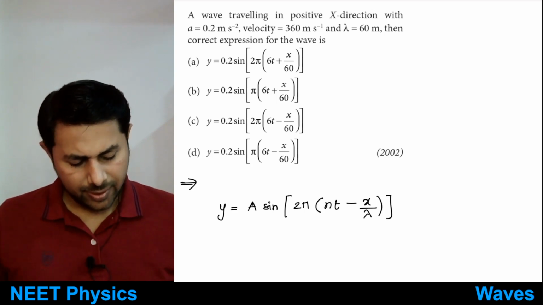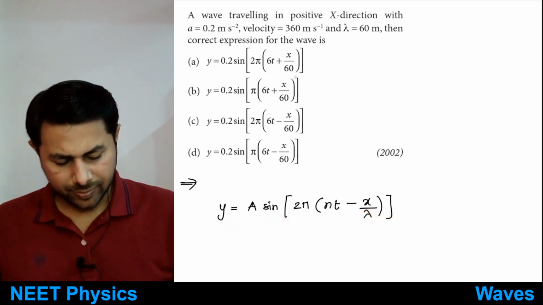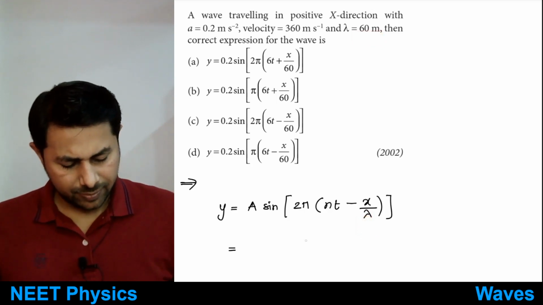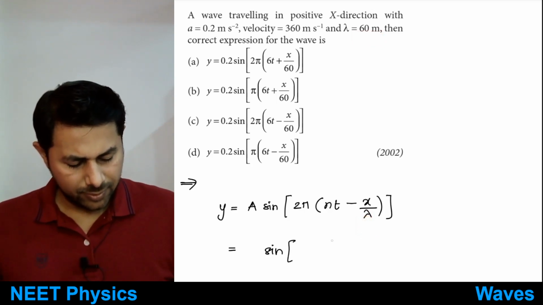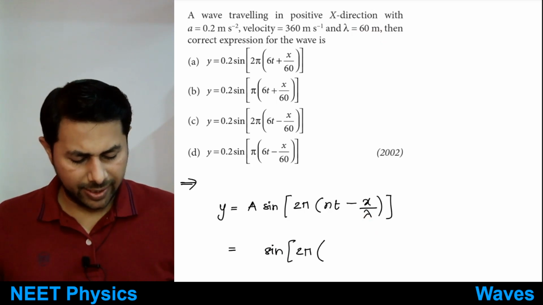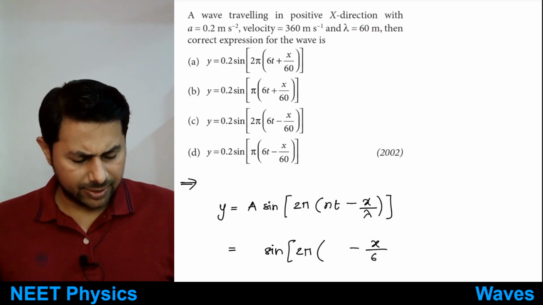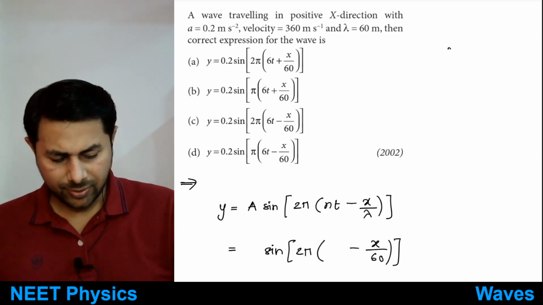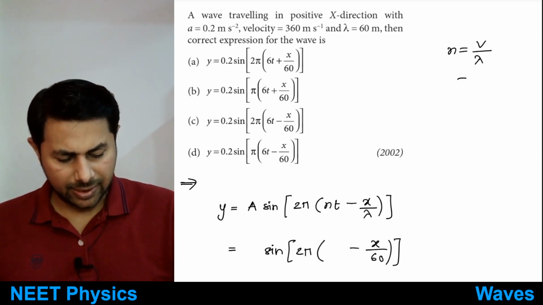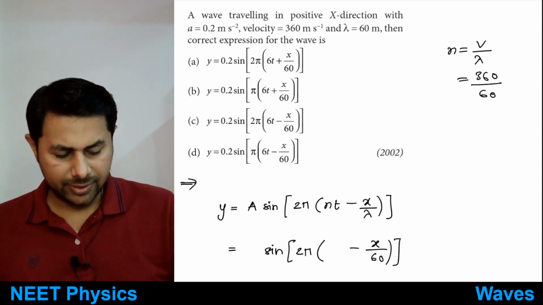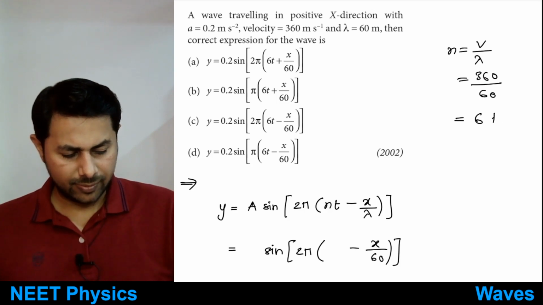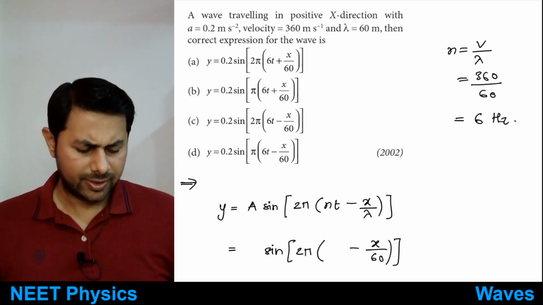Okay, let's check. Comparing with this one, lambda is equal to 60, right? If you put lambda equals to 60, 2 pi, then we need n, so this is x by 60. V is given and lambda is given, so n is equal to v by lambda, and that is 360 divided by 60, so 6 hertz, that's simple.